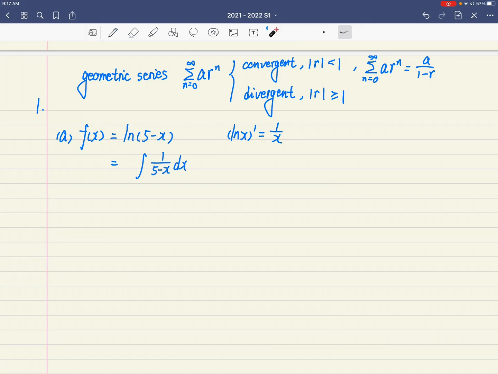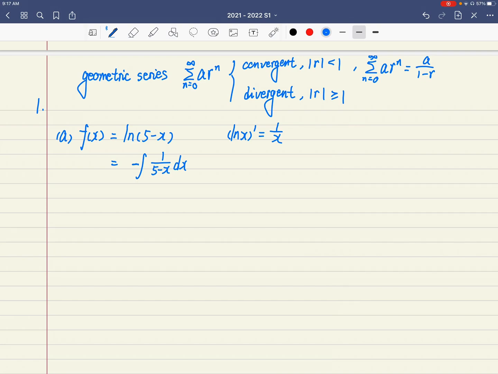Okay, we are not finished here because if you integrate this, you use a chain rule, you still have an extra negative sign. So you also put an extra negative sign here. Okay, and now it looks much more similar to a over 1 minus r, right?